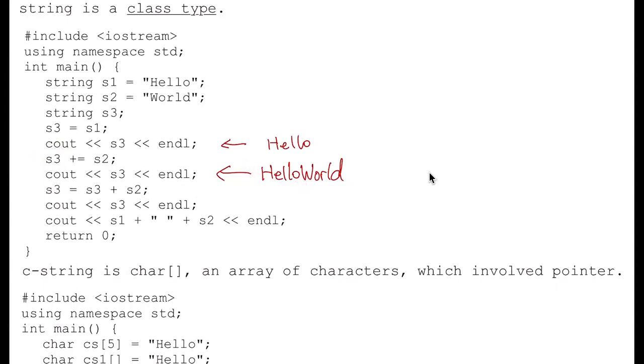Now you can also concatenate just as an assignment, where you concatenate S2 to S3 and then assign it to S3. This way, your S3 now is helloworld, and you will concatenate another S2 at the end. If you don't have a question, please mute yourself.